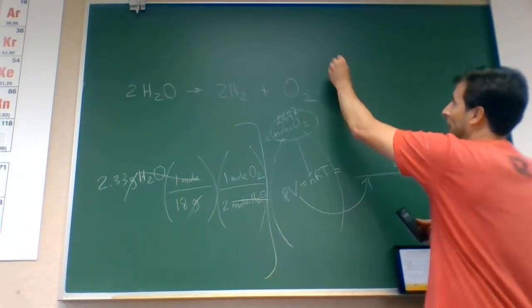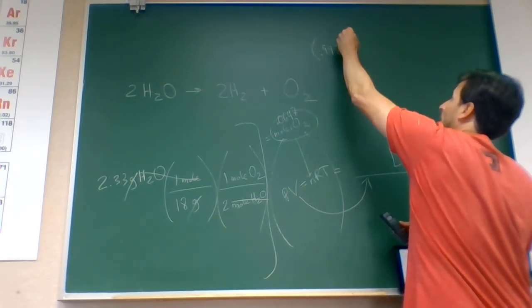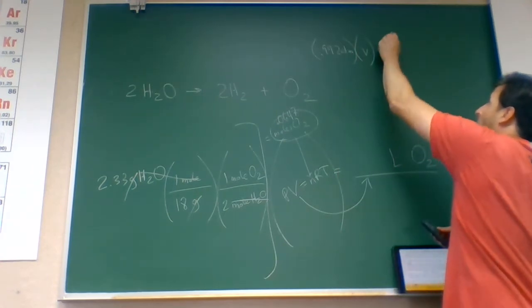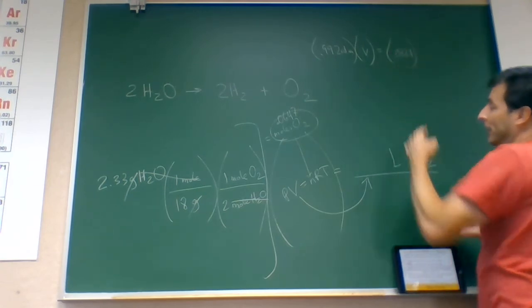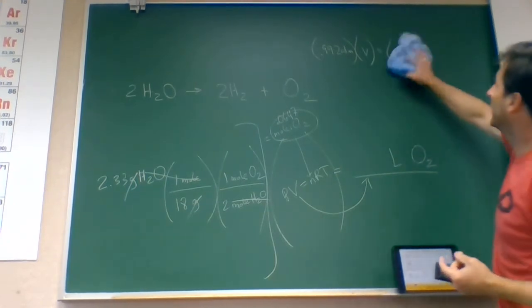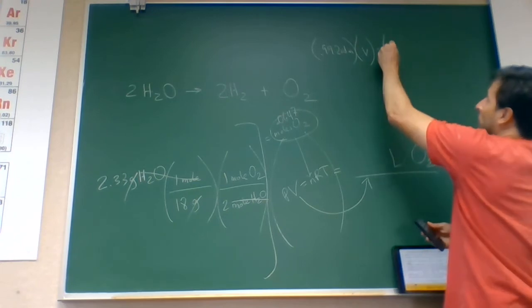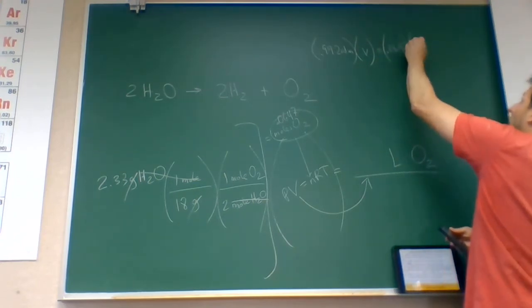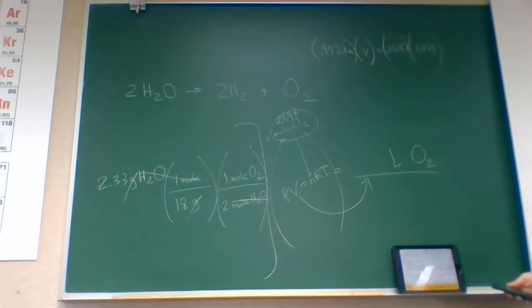So I'm going to start putting everything in. My PV equals nRT is going to be 0.992 atmospheres. My volume is what I'm solving for. R is 0.0821. Oh, I skipped n. I do everything in order, it's going to be my 0.0647. R is 0.0821. And then the temperature is 40 degrees Celsius. 273 plus 40 is 313.